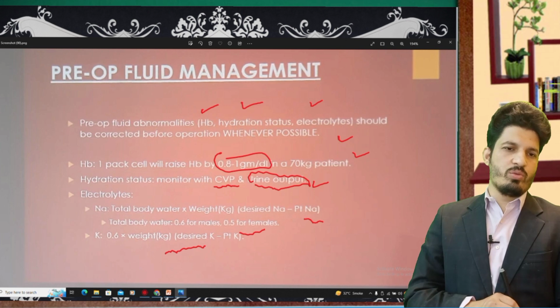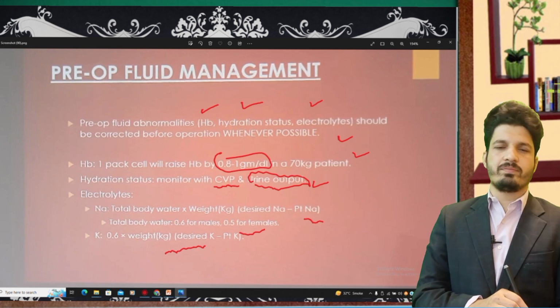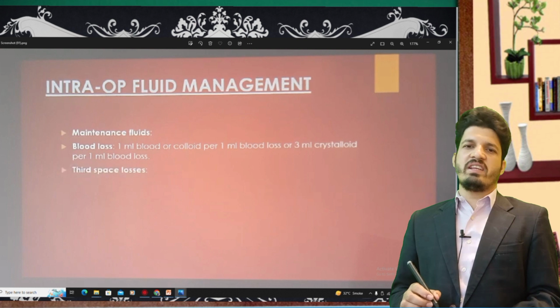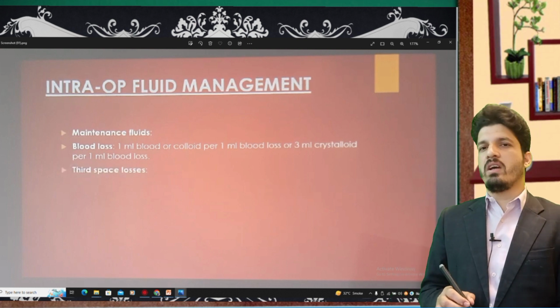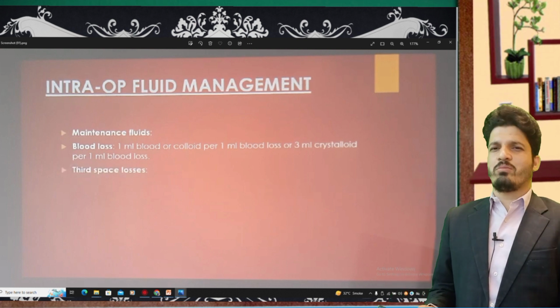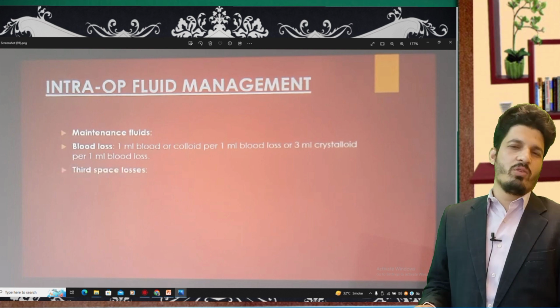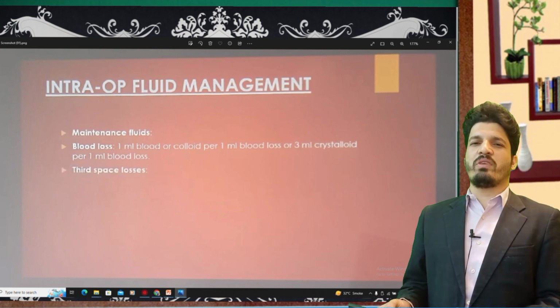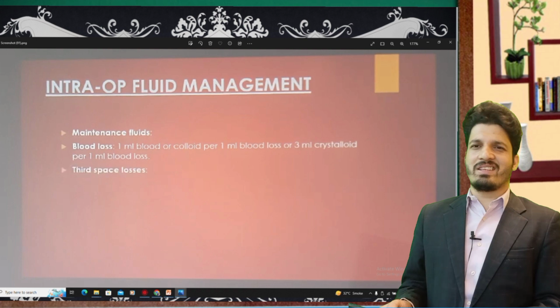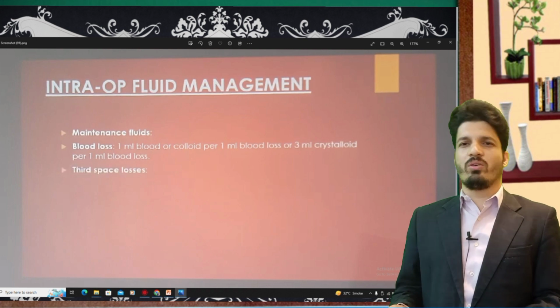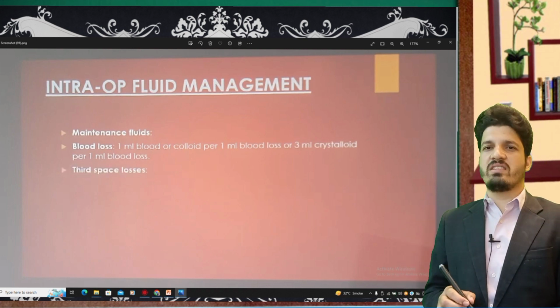Moving towards the next slide, you have the intraoperative fluid management. You might be thinking that most of the time we are doing the surgeries and we don't bother about intraoperative fluid management, as it's the task of the anesthetist. So you will see this in the anesthesia notes.